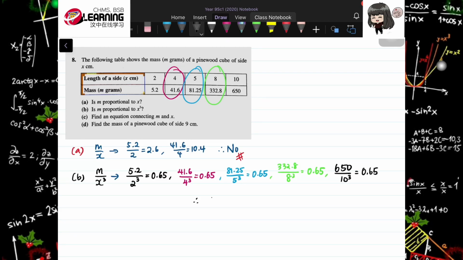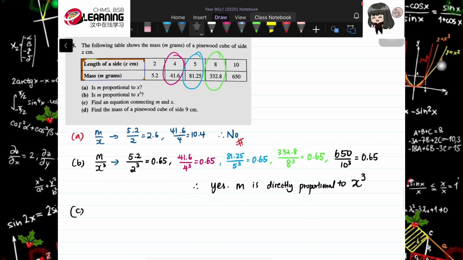So therefore we can say that yes, it is directly proportional. M is directly proportional to, not X, but X cubed. Part C: find an equation connecting M and X. We have our constant just now, M divided by X cubed is equal to 0.65.